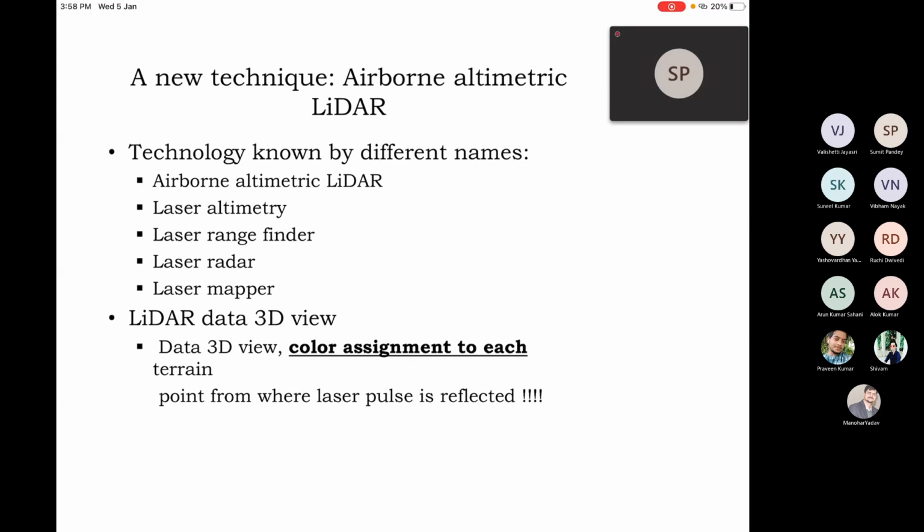Basically, the fundamental concepts and working principles will be discussed in the context of airborne LiDAR. So airborne LiDAR will be considered as the base LiDAR system to discuss the working principles and fundamental concepts. This is a new technique, airborne altimetric LiDAR.